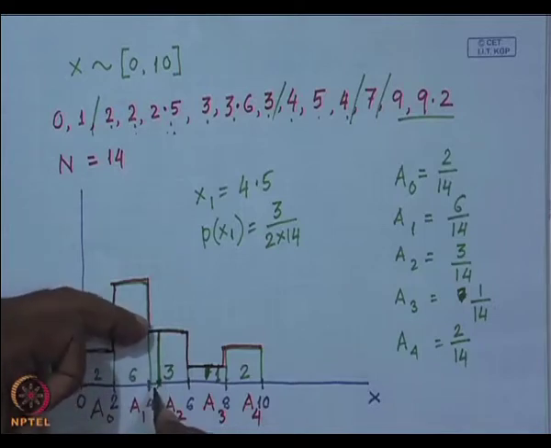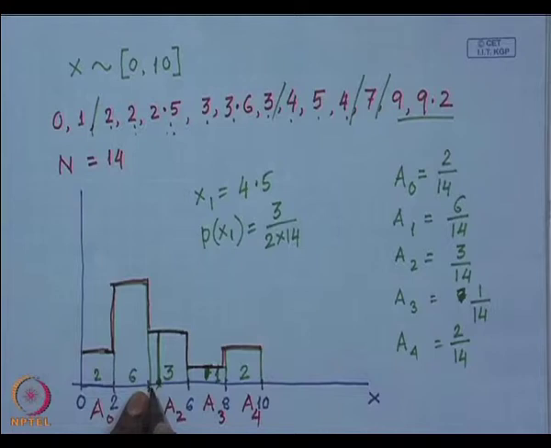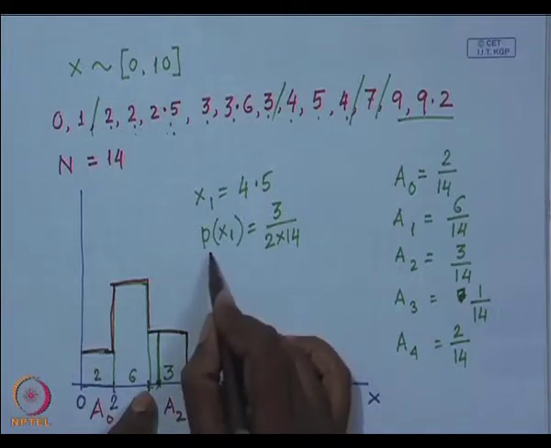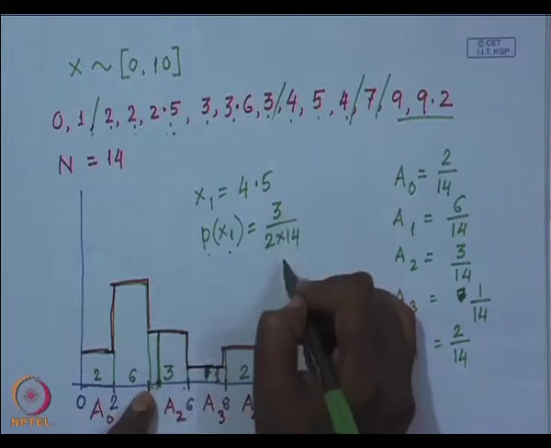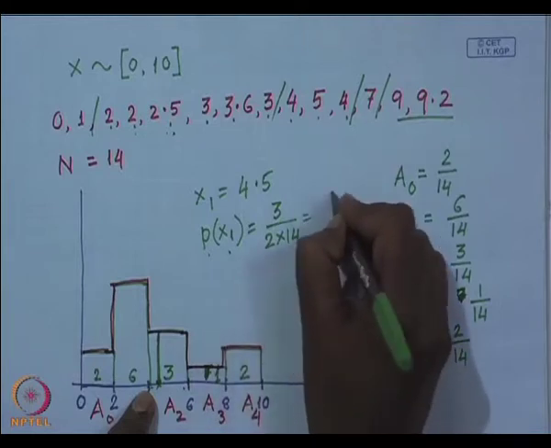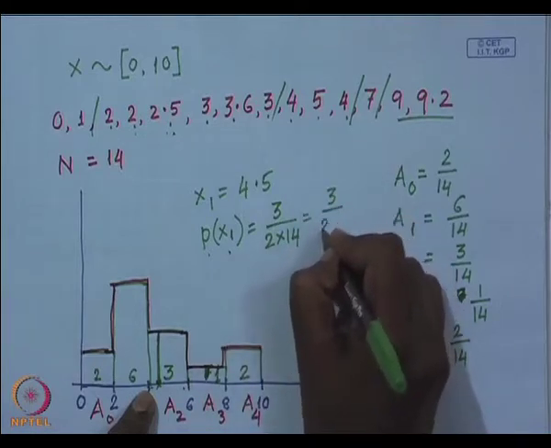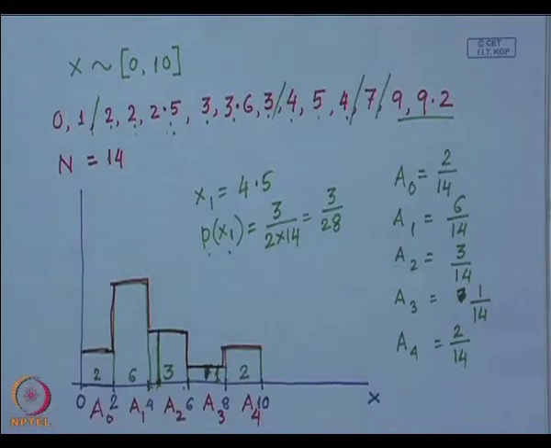So, that gives me this height, which is nothing but the probability density so far as this particular bin is concerned. And as x 1 falls within this bin, the probability estimate p of x 1 has to be equal to 3 by 2 into 14, which is nothing but 3 by 28. Okay. So, this is how I can estimate the probability density function for a variable from a given set of samples for that particular variable.